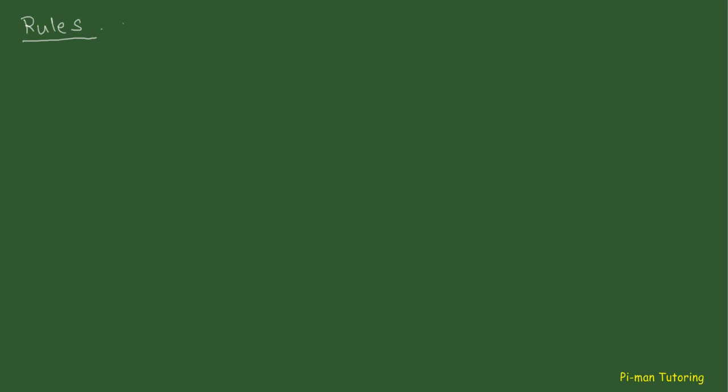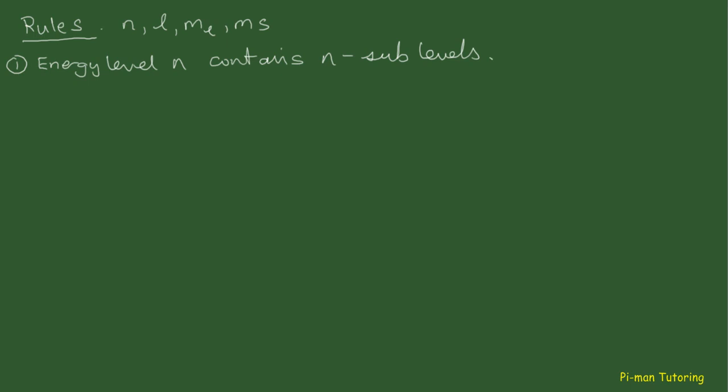Let's go over all the rules governing these quantum numbers. So energy level N contains N sublevels. That is, when N is equal to 1, we only have L equals 0, and that's the only sublevel we have. So 1 sublevel.